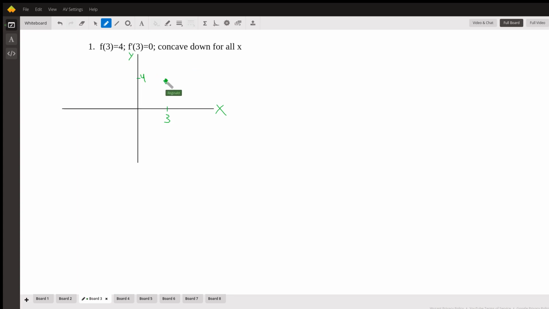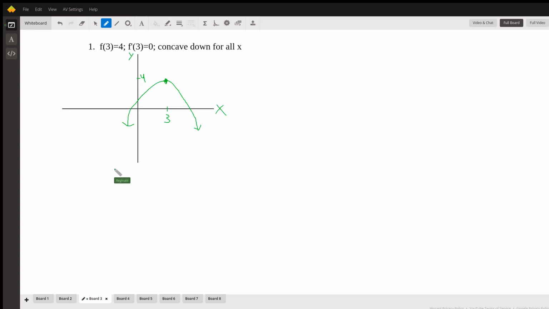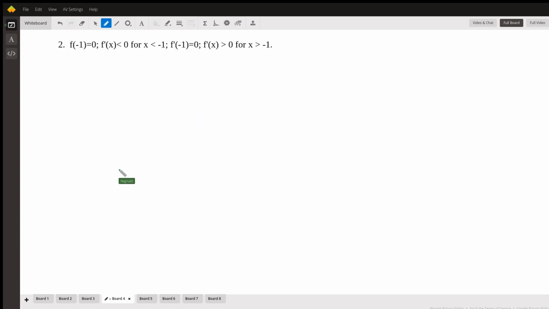So if it's concave down, then it's going to be a frown for the entire thing. So the general sketch of this one is going to be an upside down U. Remember, if it's negative, it's concave down. So it's a frown.